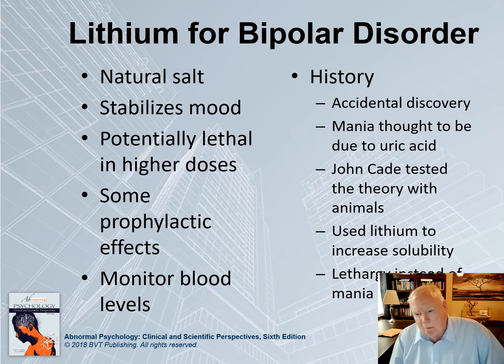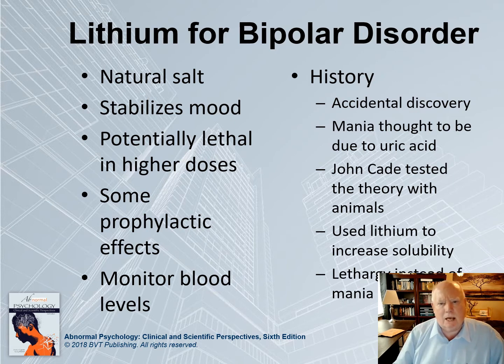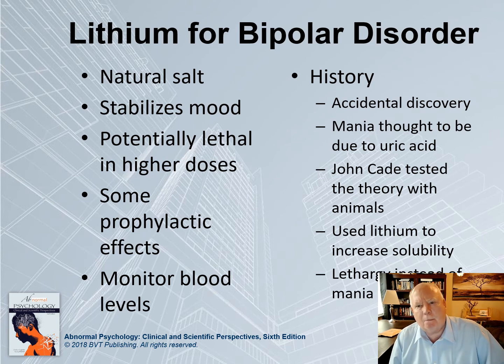To test that hypothesis, a scientist named John Cade injected animals with uric acid, expecting that if uric acid was triggering the manic episodes, you would see the animals kind of go crazy and start bouncing off the wall. And he found exactly the opposite, that they looked, if anything, lethargic.